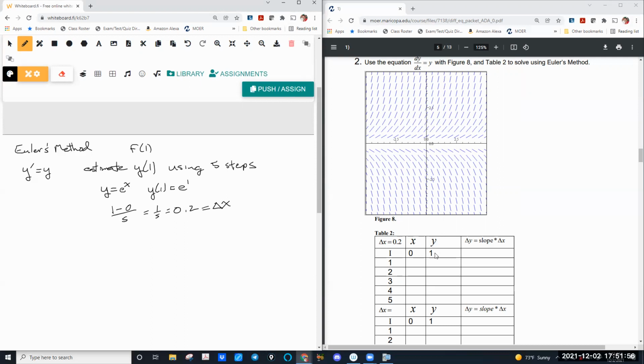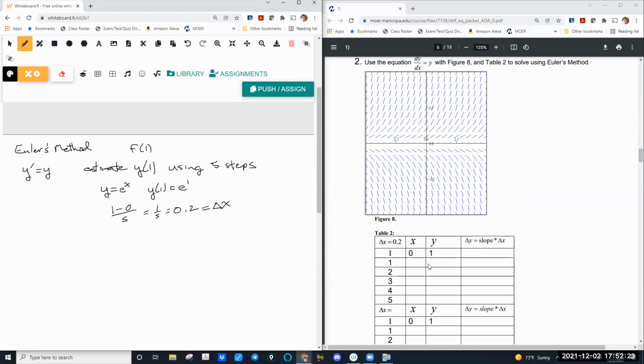What Euler's method does is it uses the slope at each individual point to steer us in the correct direction by multiplying it by delta x. So we're going to go to 0, 1. We're going to calculate the slope with our differential equation, multiply that by our change in x to estimate our change in y, which will give us our next point.